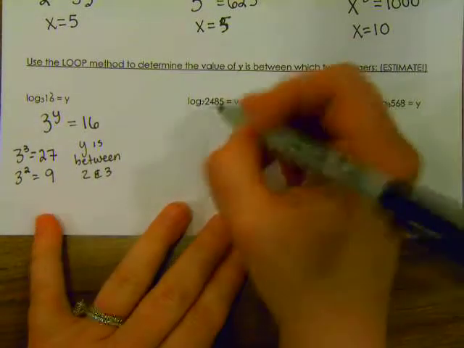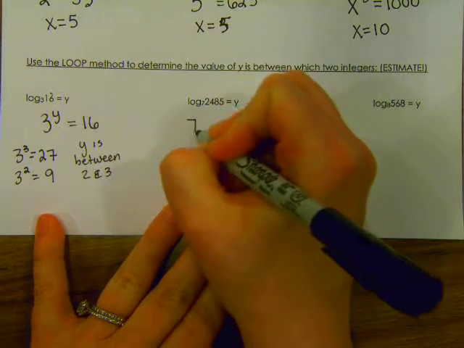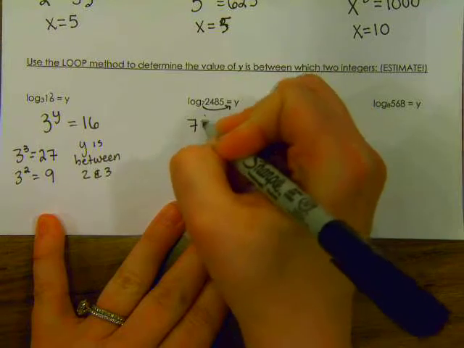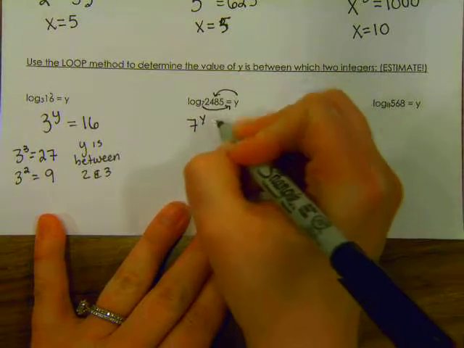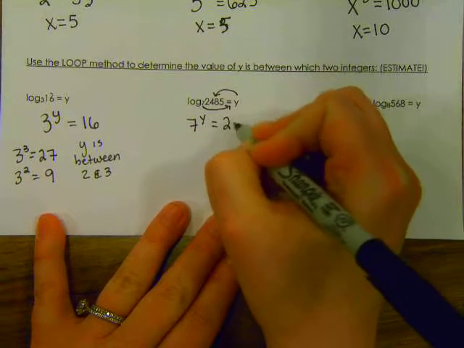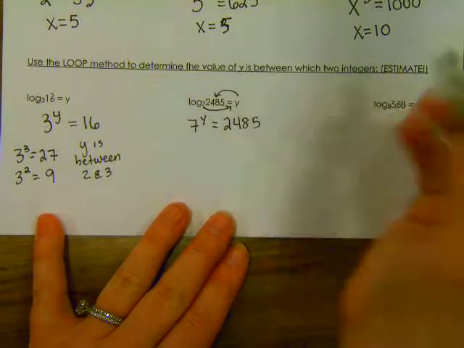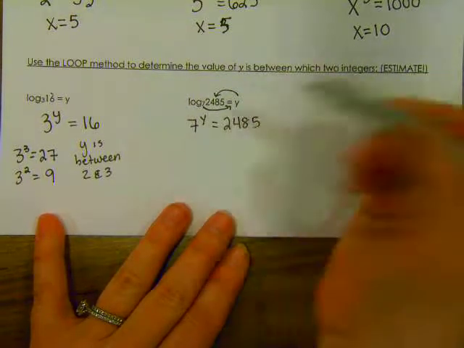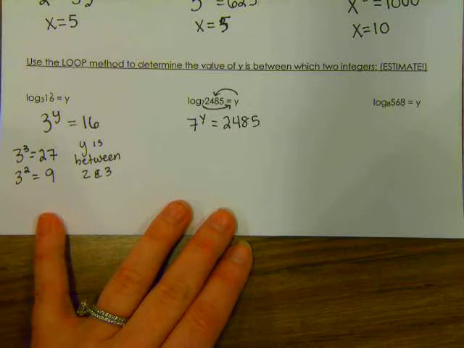Okay, so even like this problem. So 7, do the loop, to what power equals 2,485. Well, again, not sure, so we need to look at our powers chart, and let's see.